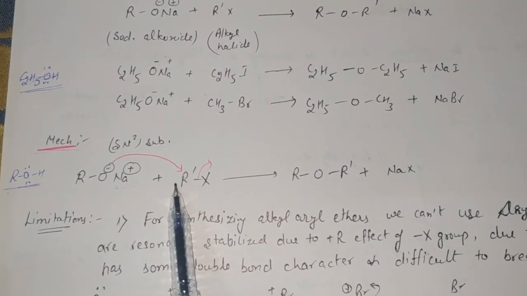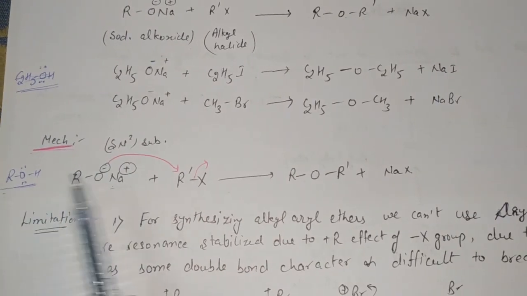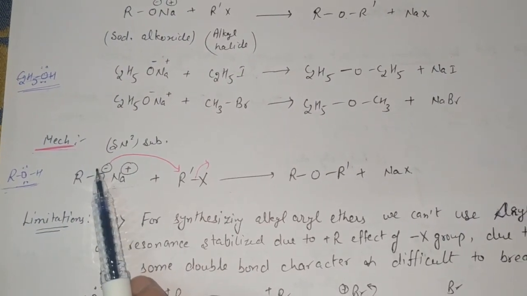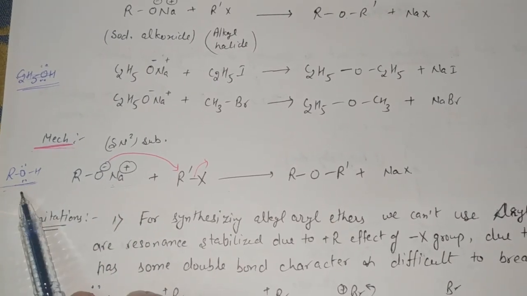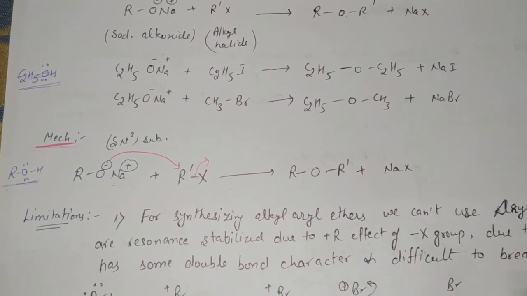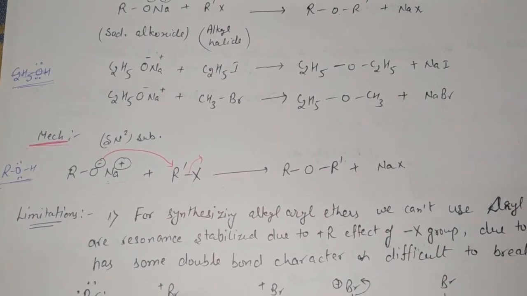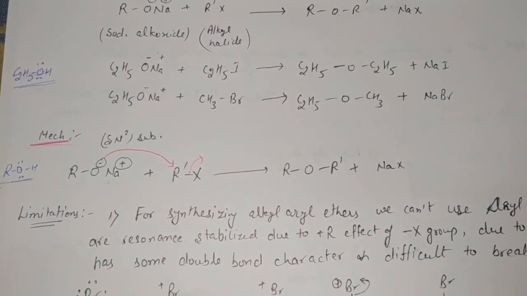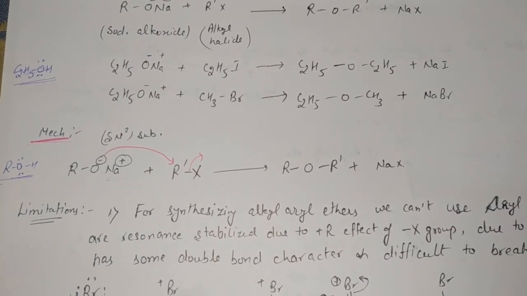Among these two, O negative, which has a direct charge, is more nucleophilic than the alcohol, which has no charge on it. So to increase the nucleophilicity of the alcohol, we prepare its sodium salt so that the reaction takes place in minimum time and with maximum yield.